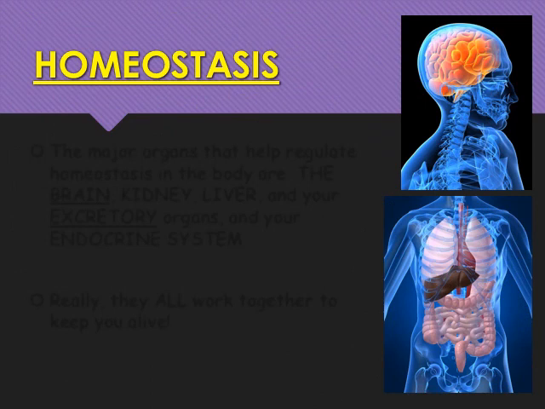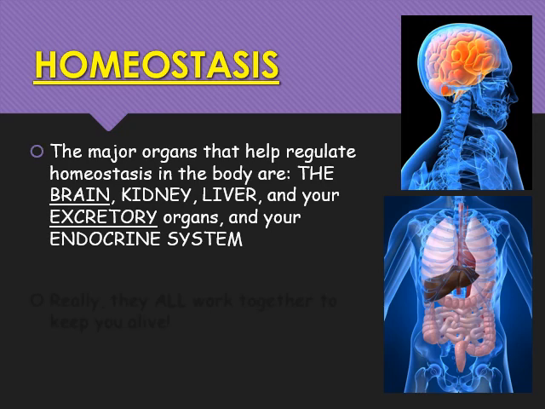So if we think about the whole organism, the human body as a whole, there's some major organs that help us regulate homeostasis in your body. The brain, of course, which really regulates and coordinates all the functioning of the other organs. Your kidneys, we talked about being important for cleaning out your blood. Your liver also helps clean out blood, filters the toxins out of your blood.